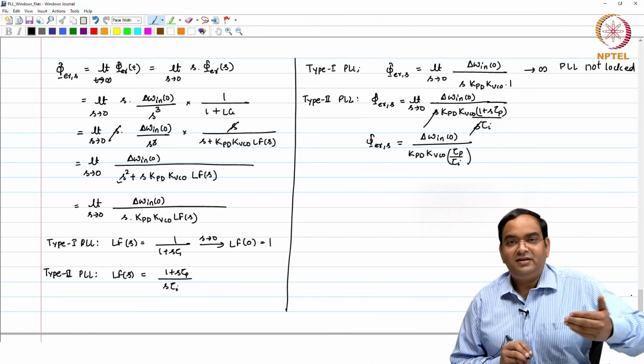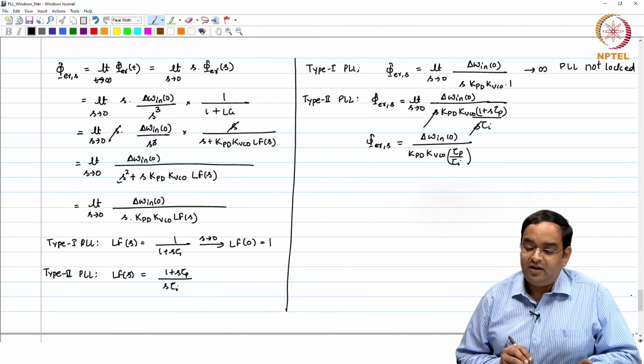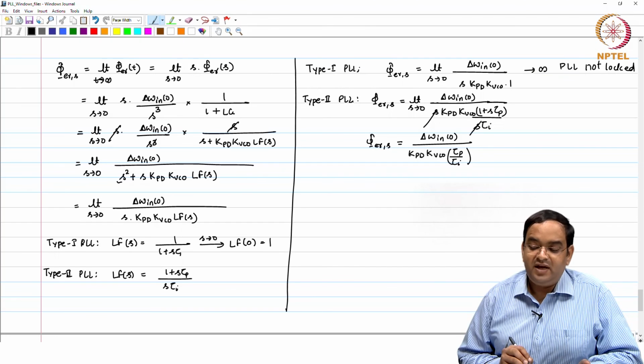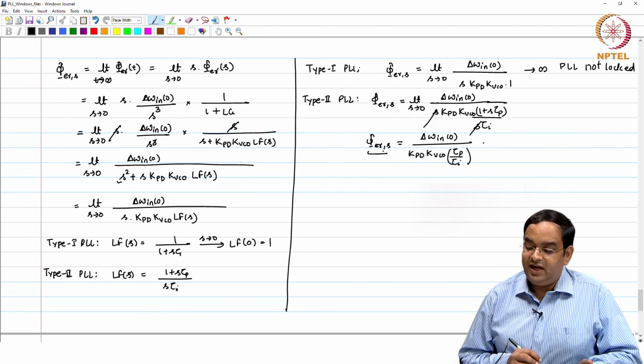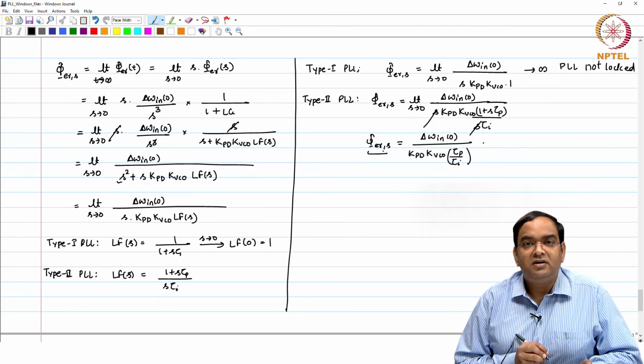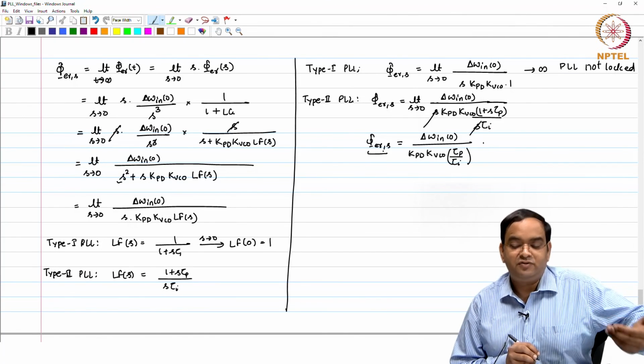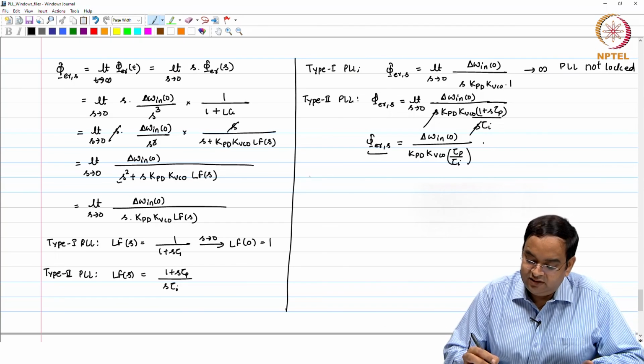So, looking at this trend, you may be tempted that if I want to make this steady state error equal to 0, then type 3 PLL may be a solution. You can increase one order of integrator. So, let us just take that example.